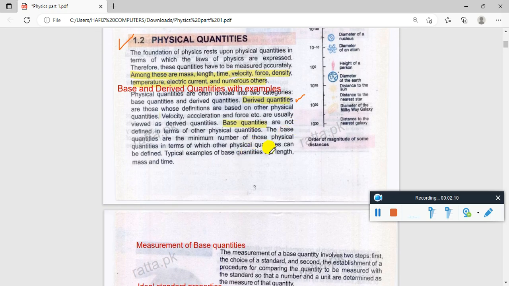They are independent, like length, mass, time, etc. So these are the examples of base quantities, and velocity, acceleration, force, etc. were the examples of derived quantities.